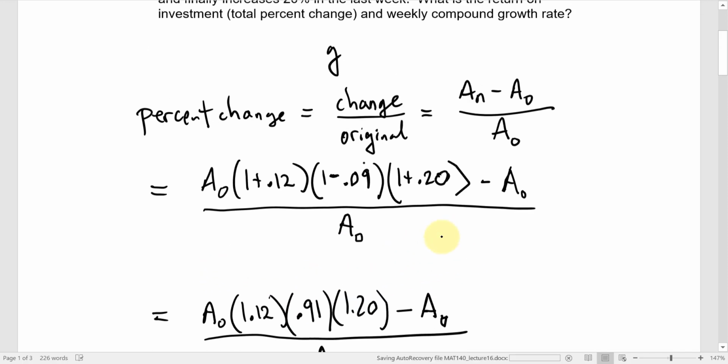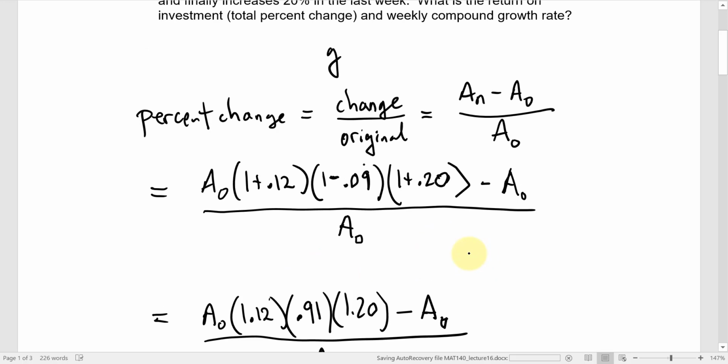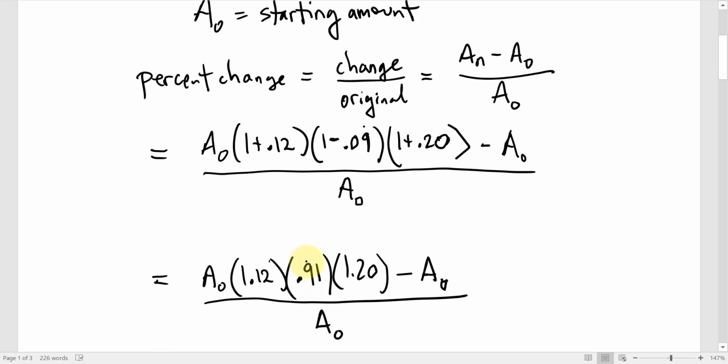You can skip this step, because if you realize what's going on here, I have a 12% increase, then a 9% drop. A 9% drop means 91% of whatever we had before. So in the second week, you get 91% of what you had because of the 9% loss. And then in the third week, there's a 20% gain over whatever you had in week 2, so I'm multiplying by 1.20.